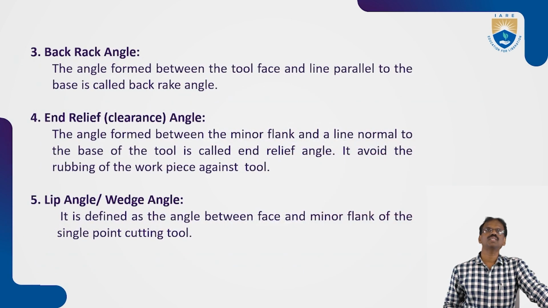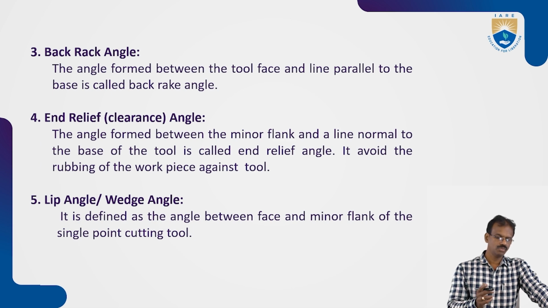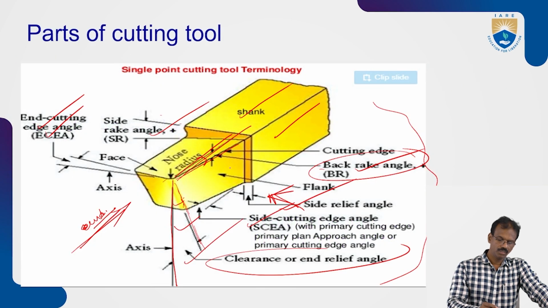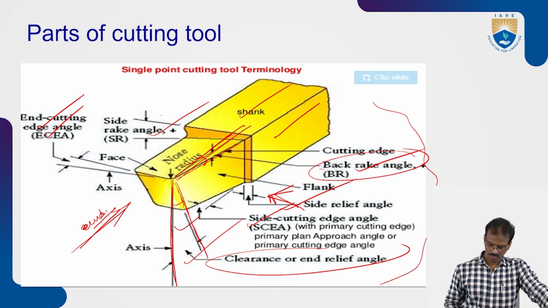If you observe from the front view, two types of angles you can see. One is the back rake angle, another one is the clearance angle.